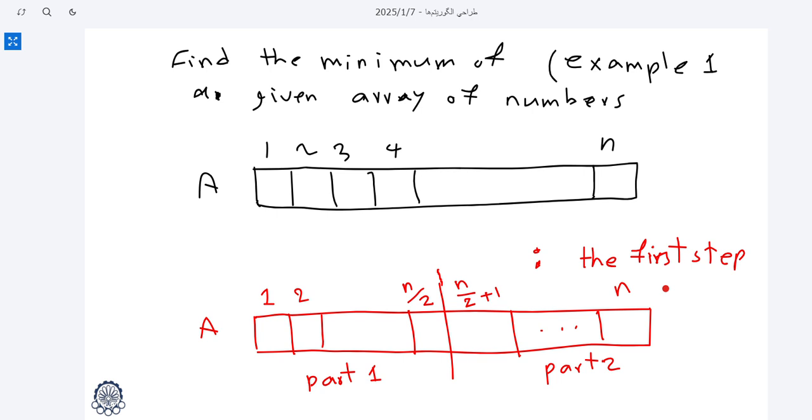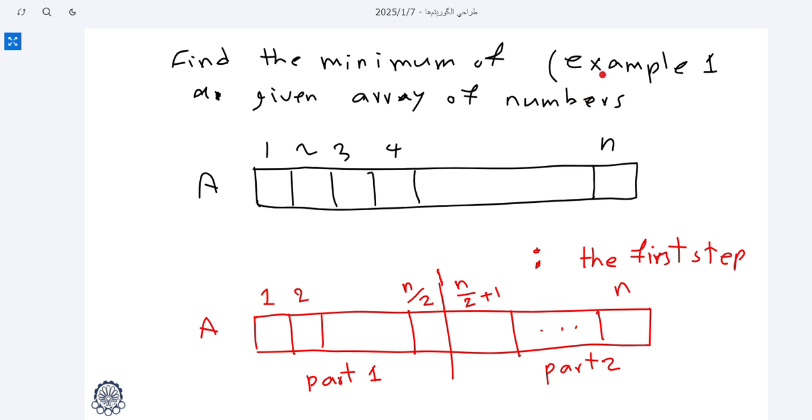There is not a fixed choice. We have many choices, and we can select which one is better. Here, suppose that we divide the input array into two equal size sub-arrays. This is the first step of the approach.